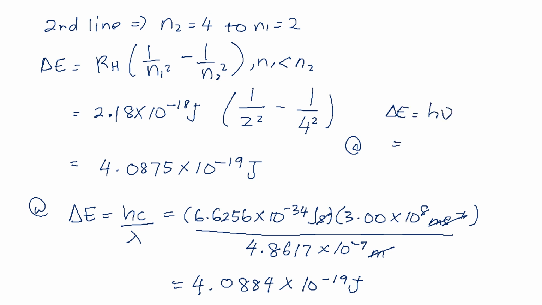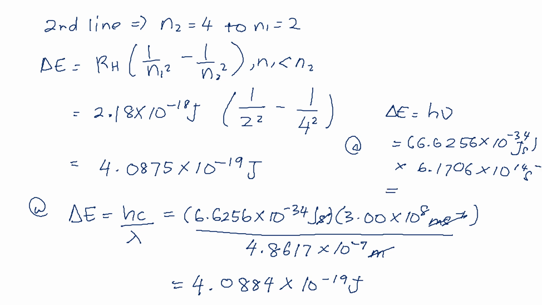We substitute. h is 6.6256 times 10 to the power of negative 34 joule second, times the nu that we have calculated, 6.1706 times 10 to the power of 14 per second.